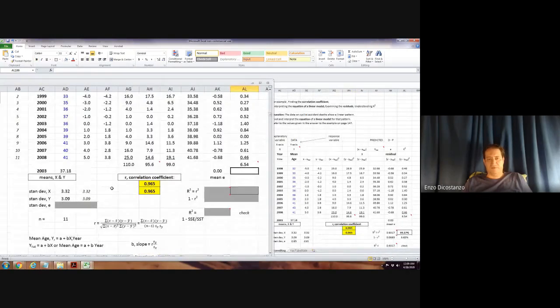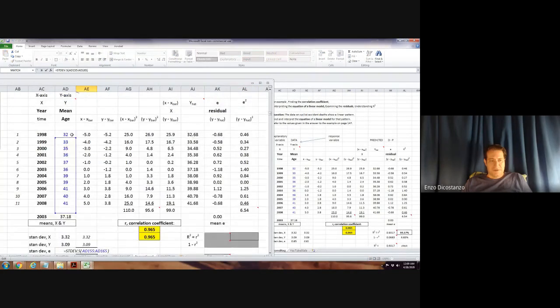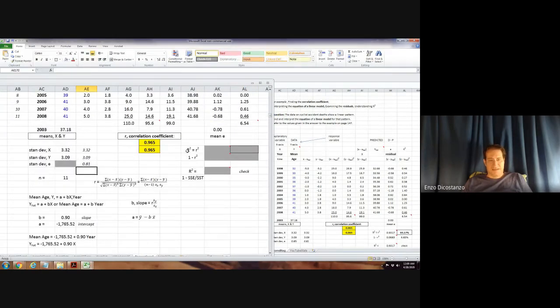Okay, so we've made our scatter plot. Now the deviation of this is simply going to be of the E, of the residuals. And that's divided by n minus 1, but we're going to do it divided by n minus 2.